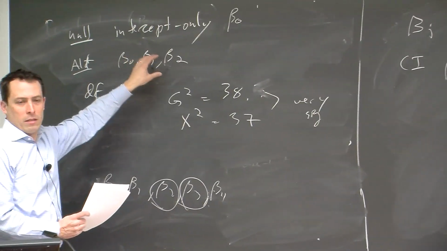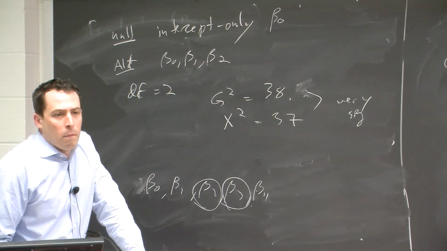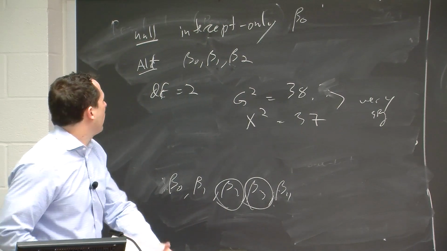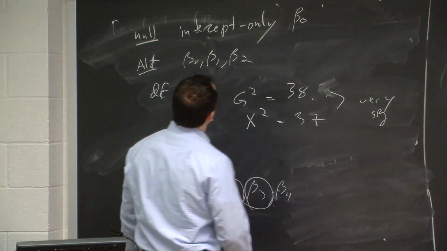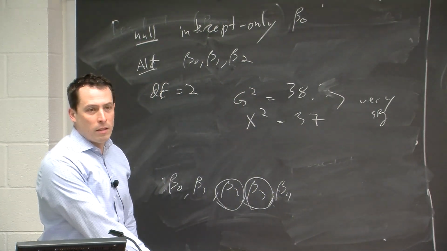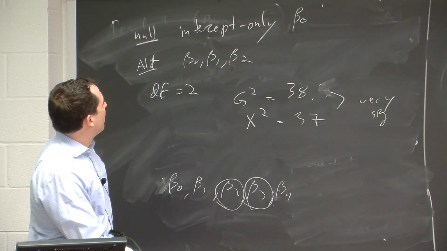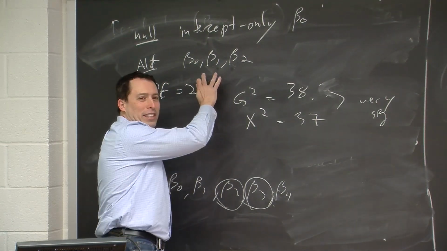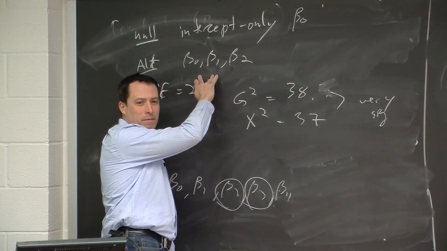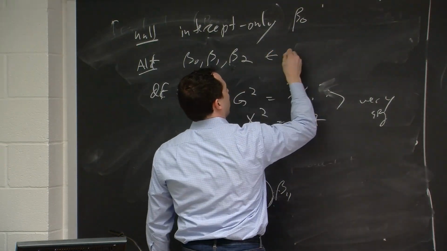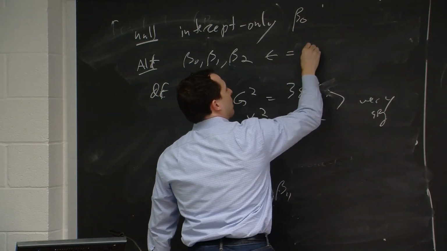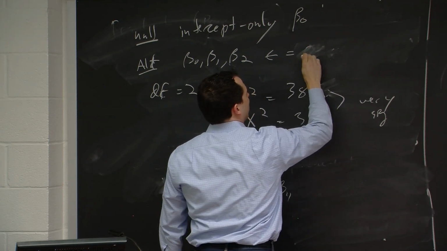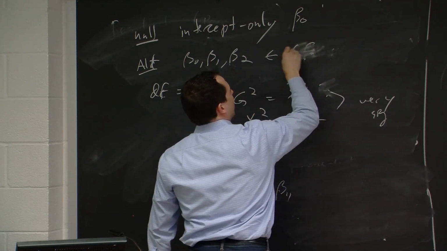I think if the null hypothesis is the beta 0 only model, then the alternative should be not the full model, probably like we have beta 0 and beta 1. We're in violent agreement. I completely agree with you. I just claim this is the full model.